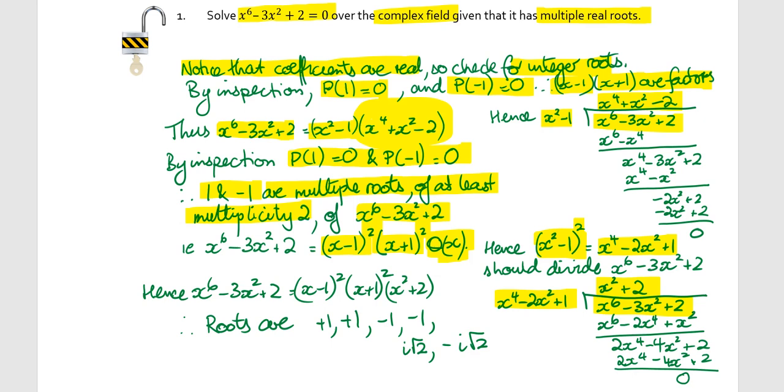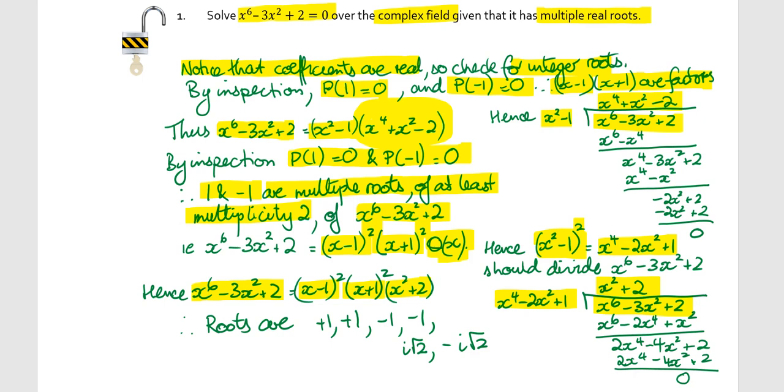So what we can now say is that our original polynomial is x minus 1 squared, so 1 is a root of multiplicity 2, x plus 1 squared, so minus 1 is a root of multiplicity 2, and x squared plus 2. And x squared plus 2 over the complex field is x squared minus (i root 2) squared.